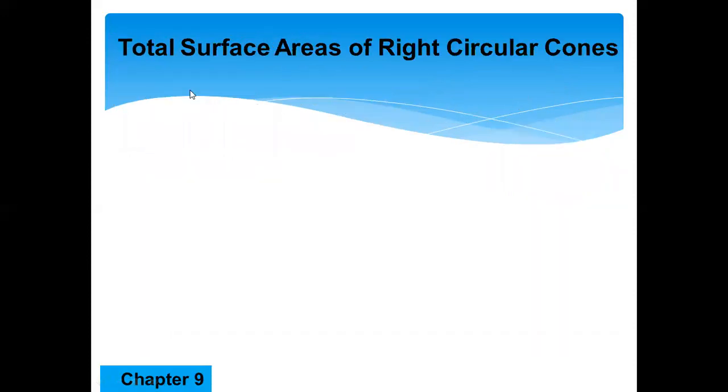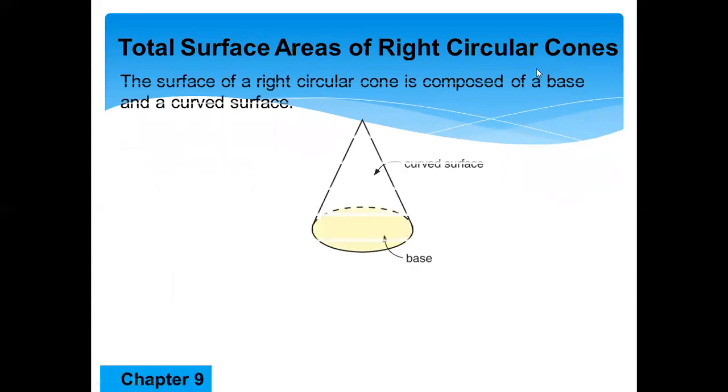Okay, then the last, we want to see what the formula is for the total surface area of circular cones. Let's consider this cone. It is composed of 2 parts, a base, which is a circle, and a curved surface.